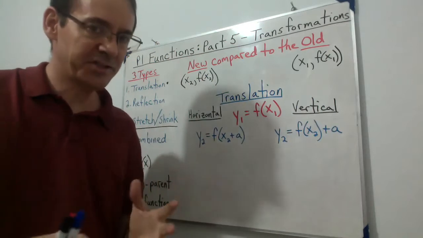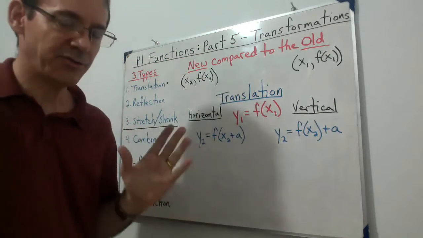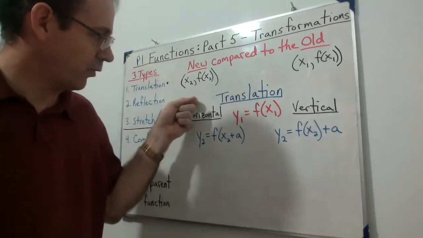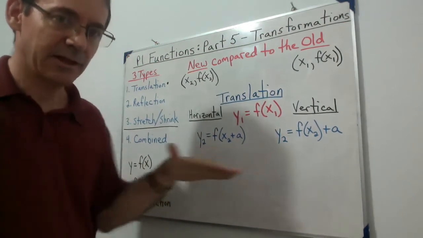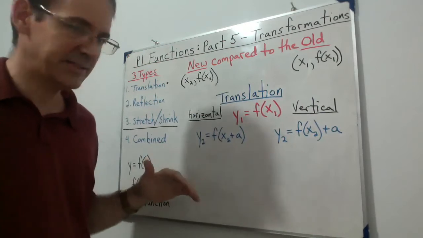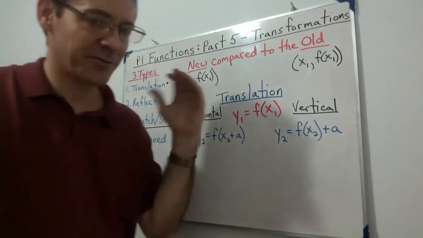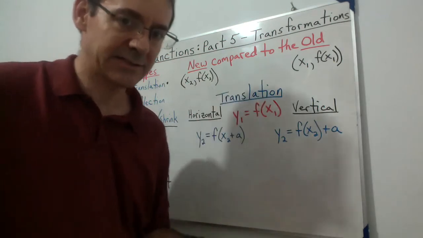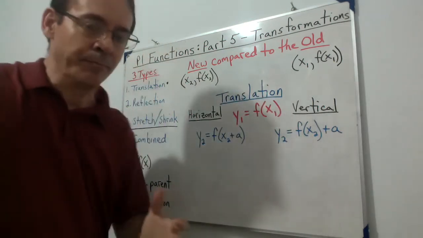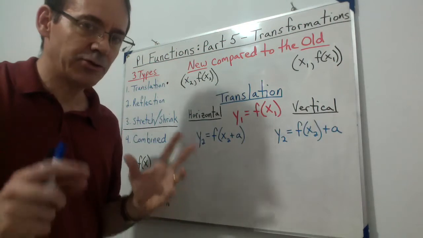For each type, we need to look at 2 different things. We need to look at the horizontal transformation, that's going to be the left and right, and it's going to involve the x-axis. We also need to look at the vertical transformation, which has to do with the y-axis. Now, to do this, I'm going to do 2 things.